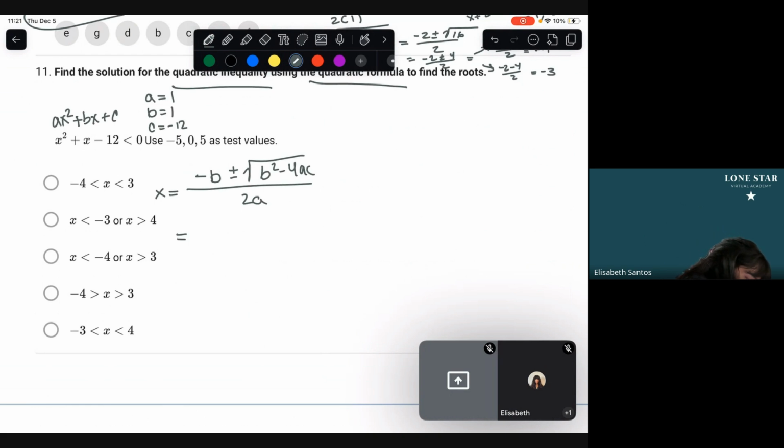Okay, we already know what b is, so it's negative 1 plus or minus the square root of 1 squared minus 4 times 1 times negative 12, divided by 2 times 1.